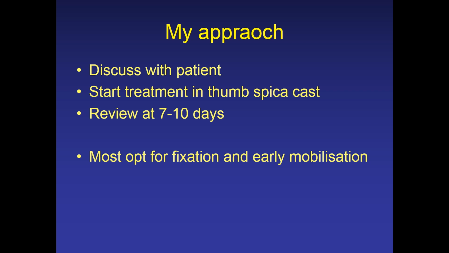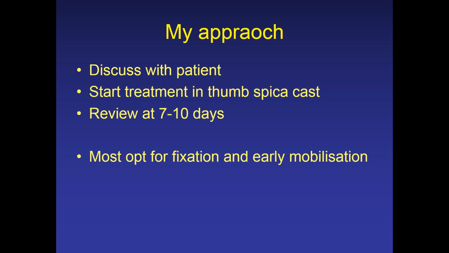So my approach is to discuss with the patient and give them the option. Obviously, if there are any indications for surgery, we'll go straight for surgery. But if it's the undisplaced type of scaphoid, I start treatment in the thumb cast, and I'll review them at 10 days when you're doing another X-ray anyway, just to make sure that they haven't displaced.